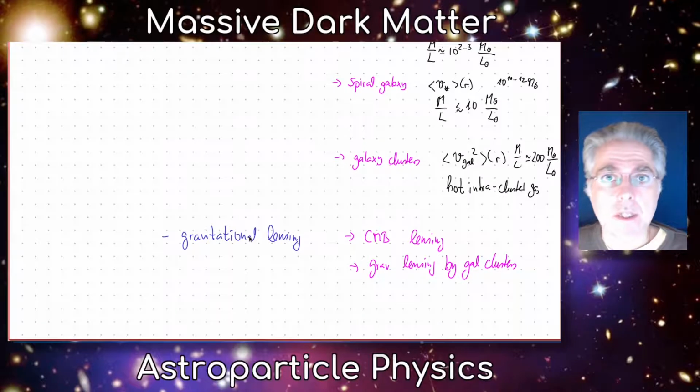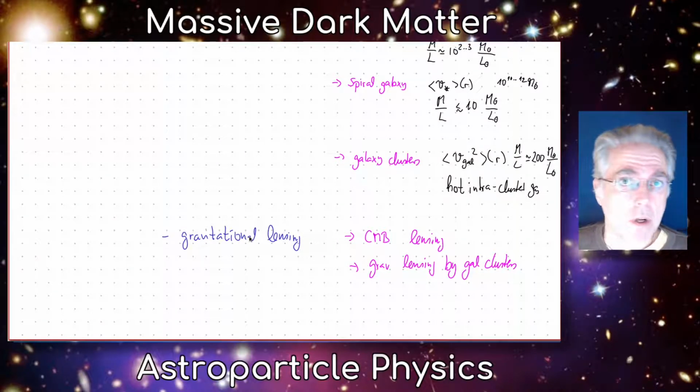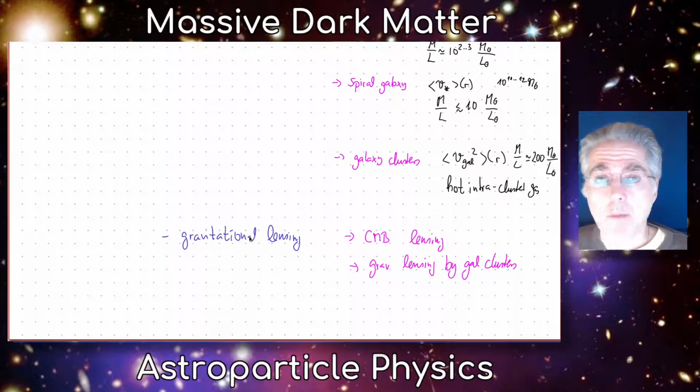So these evidences of dark matter that we find are observational, and they are based upon observations on very different mass scales, and they point towards the presence of dark matter in these various systems to be dominating.